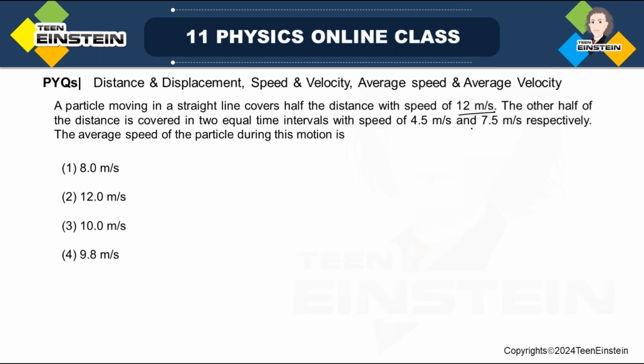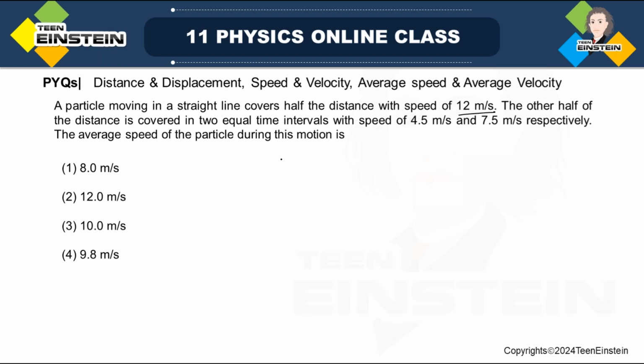Then the other half of the distance is covered in two equal intervals of time with speeds 4.5 meters per second and 7.5 meters per second respectively. Find the average speed of the particle during this motion.